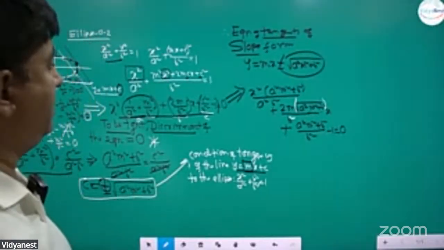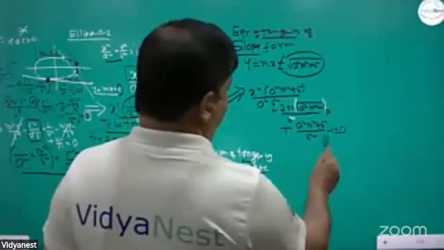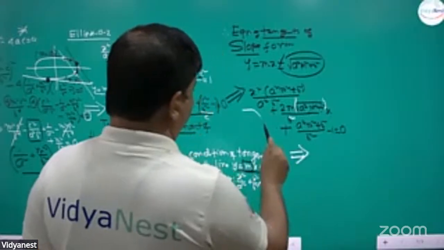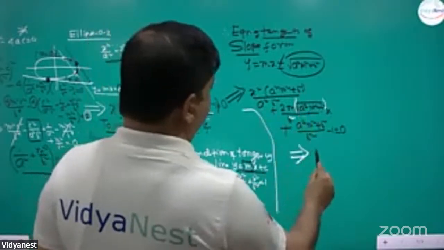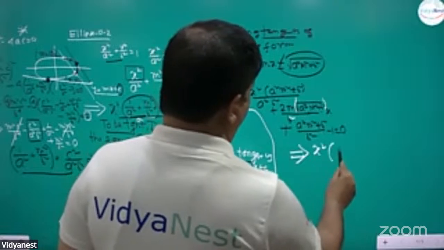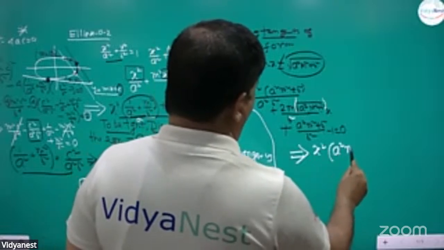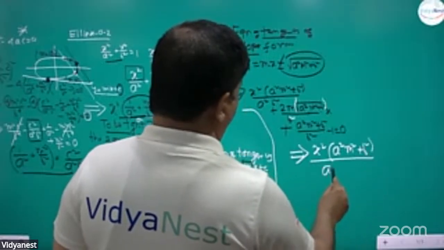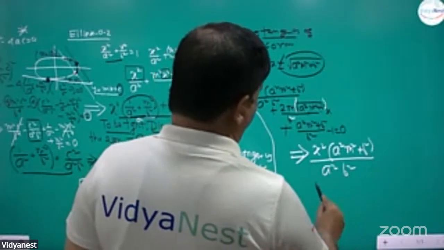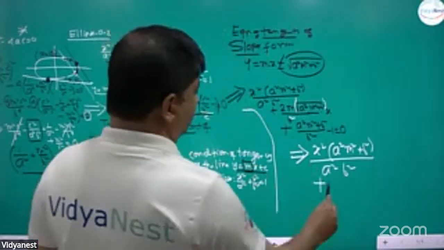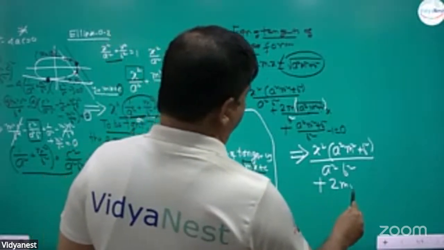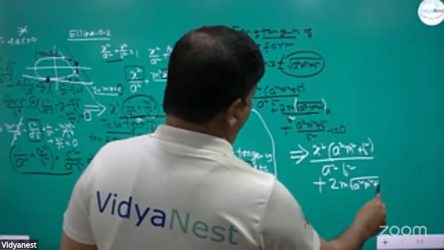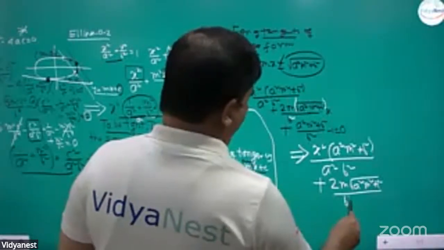Hope it is visible still. See, take the LCM. You take the LCM, x square, a square m square plus b square by b square, plus 2m root a square m square plus b square by b square x.